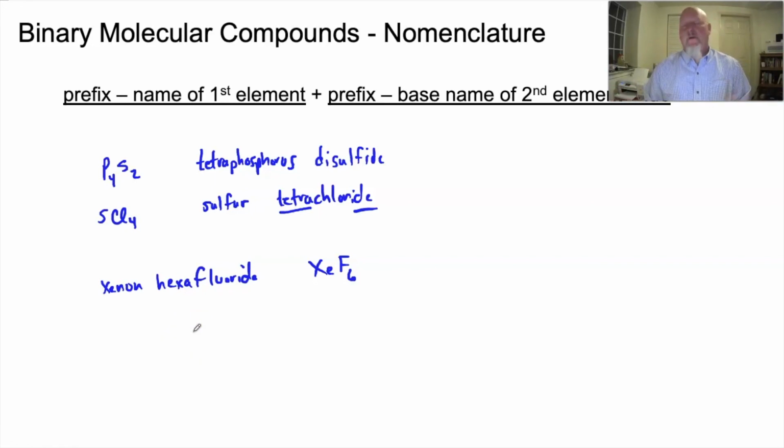Yeah, the larger ones will react with the more electronegative nonmetals. So fluorine's a pretty common one. Krypton will also react with fluorine.